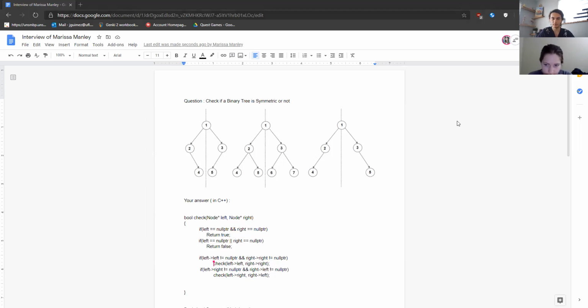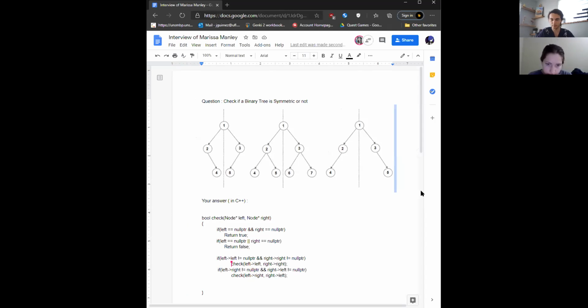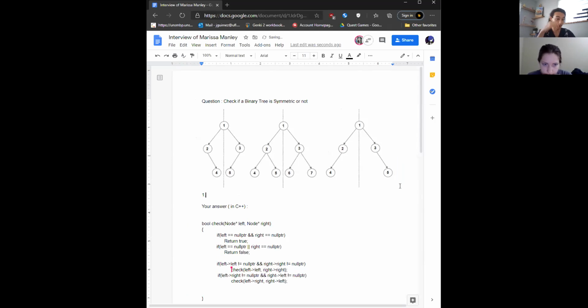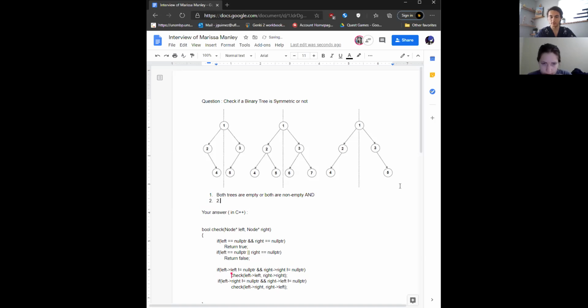I'll simply write them under this image here. The first rule is that for a tree to be symmetric, both trees are empty or both are non-empty. Okay. And the left subtree is the mirror image of the right subtree.